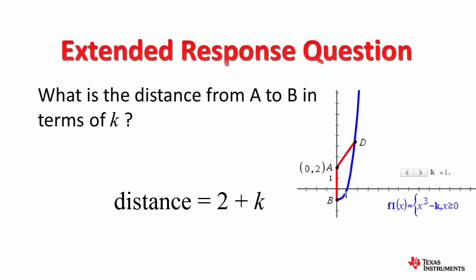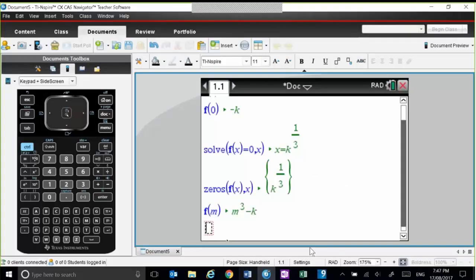And so if I go back over to here, I'll type in that answer: the distance from A to B is 2 plus K, to remind us that that is the answer.